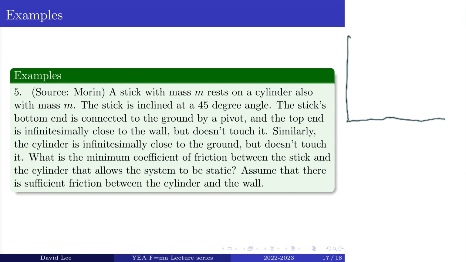And there's a stick that is right here. So the stick goes at a 45-degree angle, right? Starts here, this is 45 degrees. And it keeps on going until it reaches this wall. But it doesn't actually touch the wall. There's an infinitely small gap between the stick and the wall. So this doesn't touch.